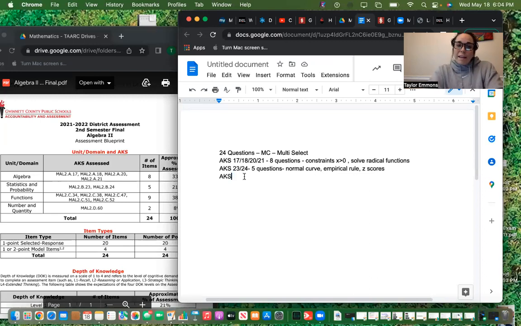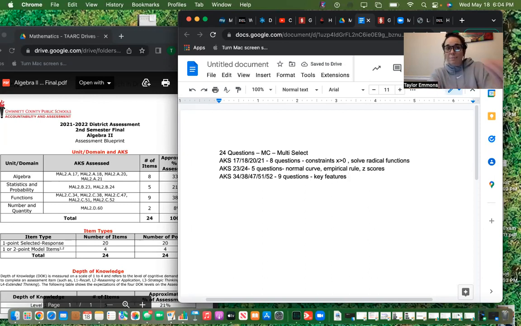The next AKS you'll have, and I will say it's kind of a grouping, so they don't tell us exactly how many are in each question, but this one is pretty big. It's 9 questions. This is dealing with key features of various types of functions.